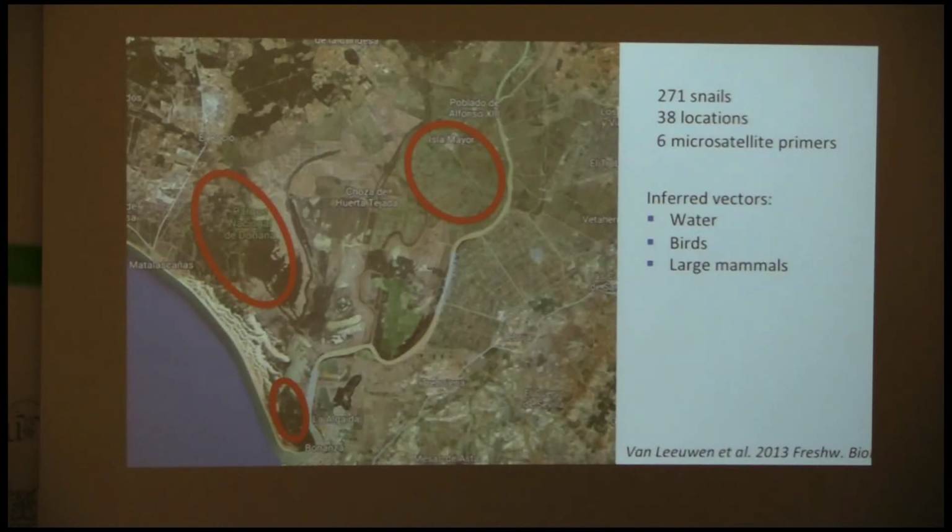We found that within the rice fields, the snails are basically all the same genetically, because the water is rising now and then, and there's lots of exchange of water flow, so the snails can just move by water. That is called hydrochory, water movement. So water was an important factor inferred from this study.